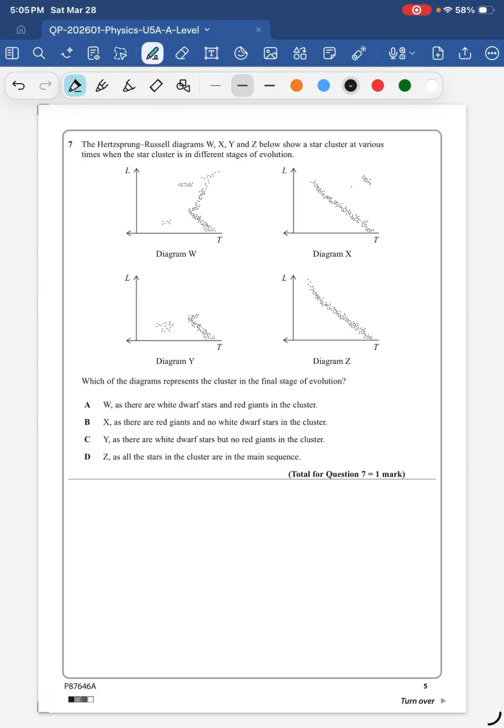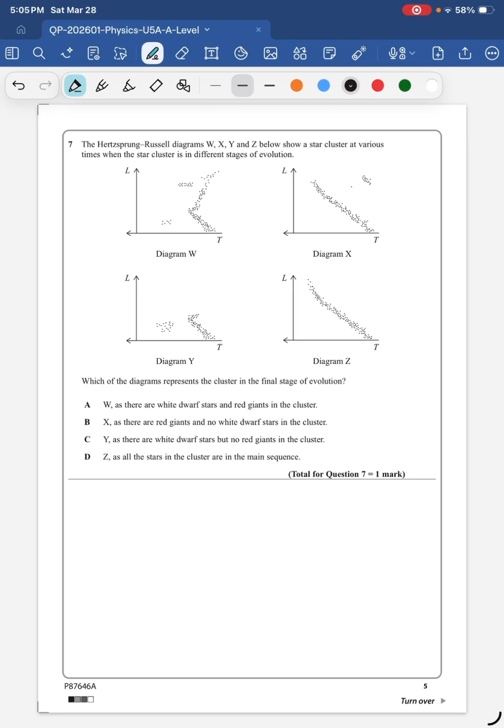The Hertzsprung-Russell diagrams W, X, Y, and Z below show a star cluster at various times when the star cluster is in different stages of evolution. Which of the diagrams represents the cluster in the final stage of evolution? Okay.